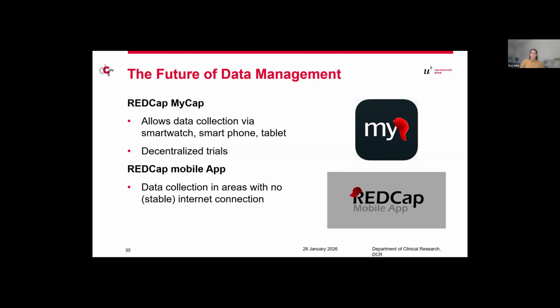And the REDCap mobile app is a feature of REDCap 2. It is all about data collection in areas with no stable internet connection. There we are currently looking into the demand, so how many people are interested.